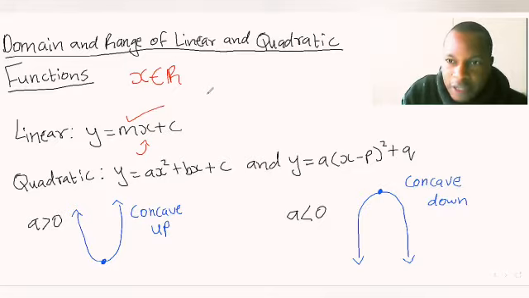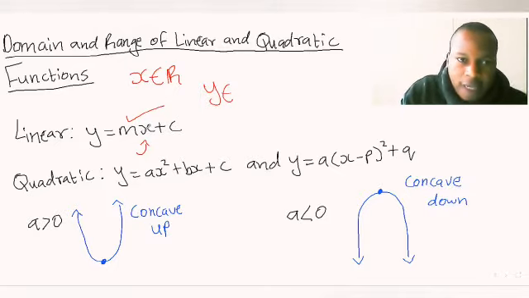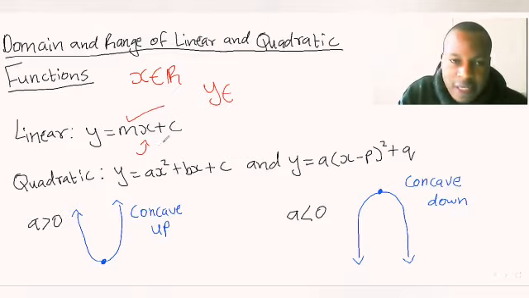Now the range in itself refers to the output values. These are the y values. Again, for the linear function, you can essentially produce any y value provided that you are putting in whatever x value in there.